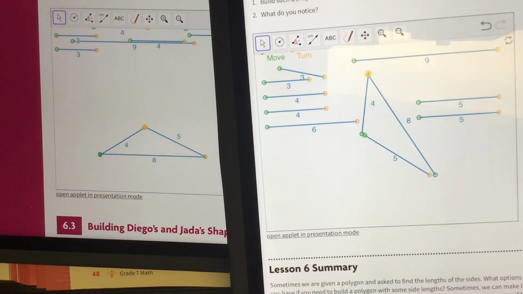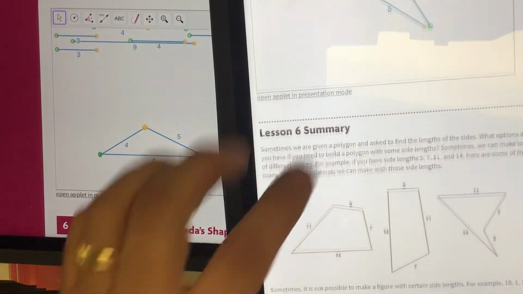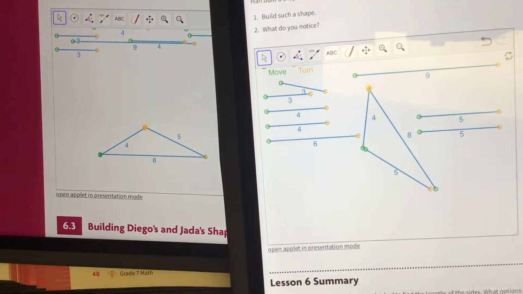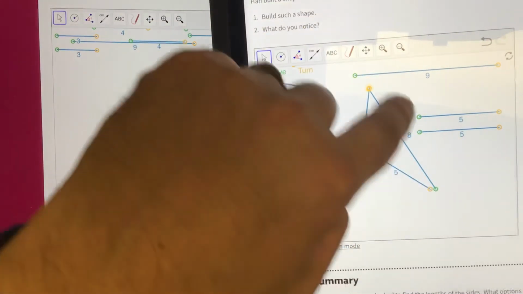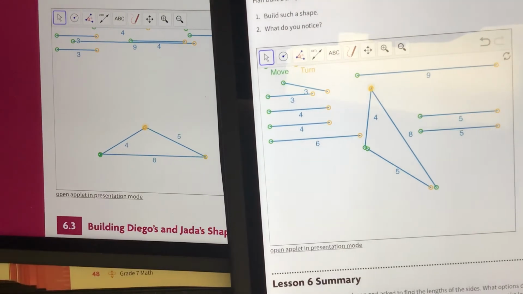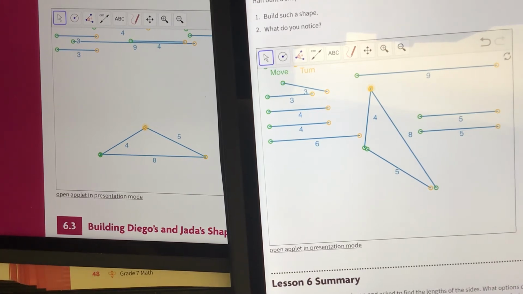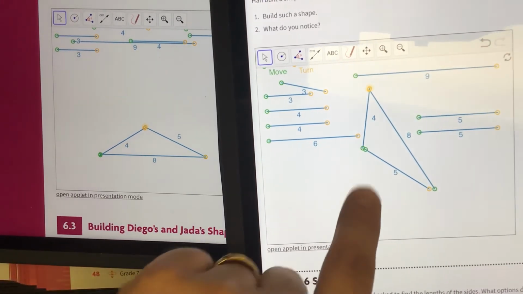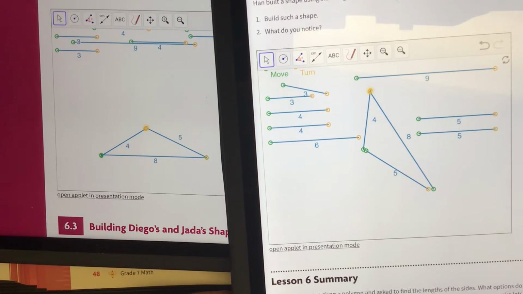All right, now, are these two the same? These aren't connected quite here. If I were to trace this one and put it over here, it would be the exact same. The sides are all 4, 5, and 8. If you were to measure the angles, this is going to be a little different because the sides are off.